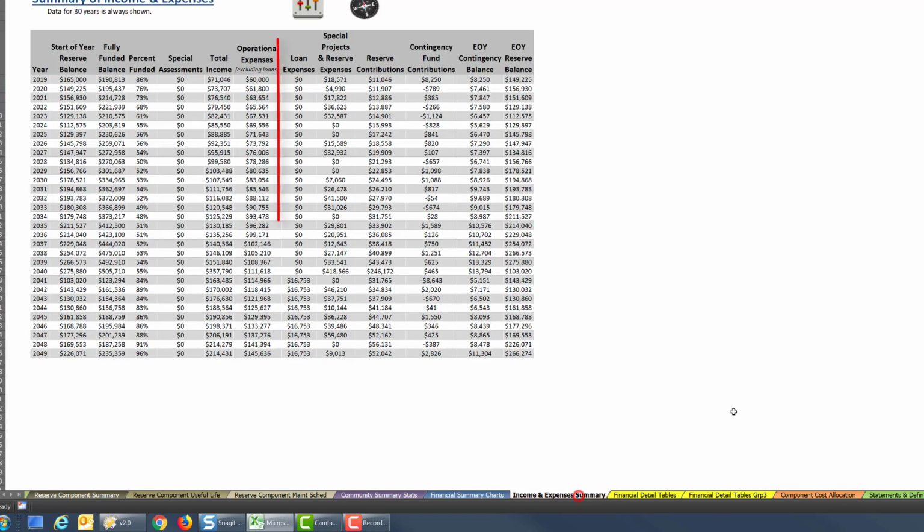You have the income and expense summary here, which includes the loan expenses, which is the repayment of the loans. And you can see on this chart that we take out a loan in 2040, but we have to start repaying for it by 2041. And you can see what that amounts to in loan expenses.